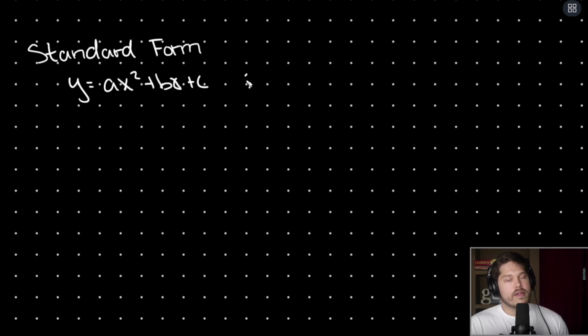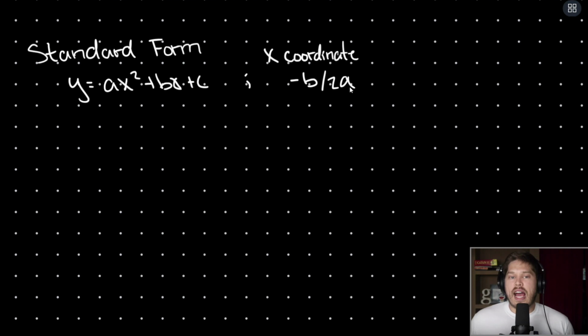The way to find the vertex is to use this little formula such that the x-coordinate for your vertex is found by this equation, -b over 2a. And then you'll take that output and plug it back into your given equation to find your y-coordinate for your vertex.